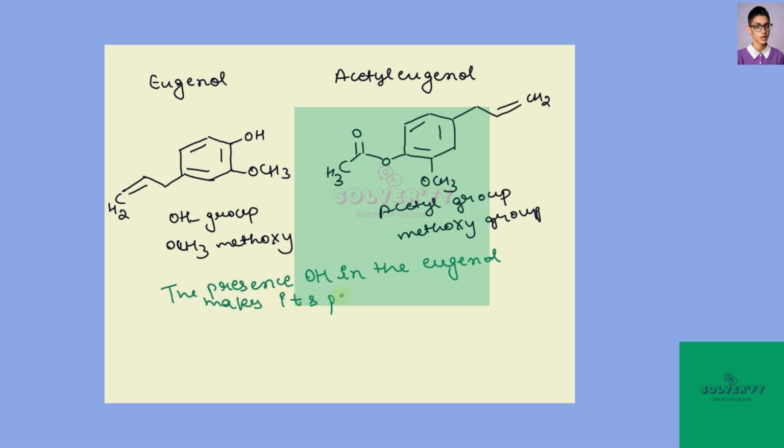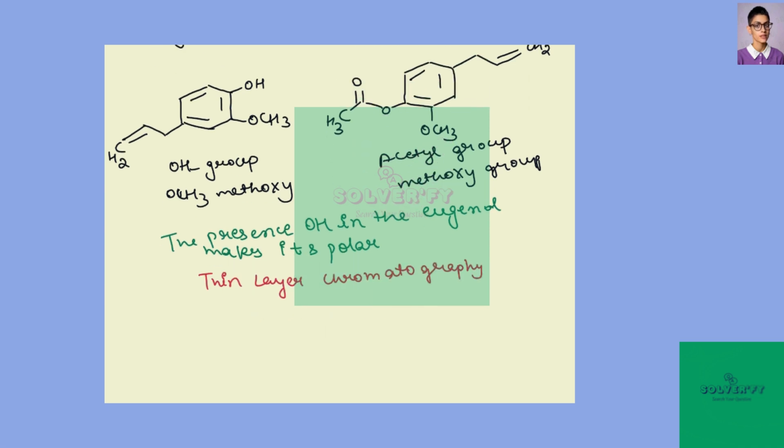Next we have to answer how they can be separated using TLC, that is, thin layer chromatography. In thin layer chromatography, generally two phases are involved. The first one is the stationary phase, which is composed of silica gel, and silica gel is polar in nature.